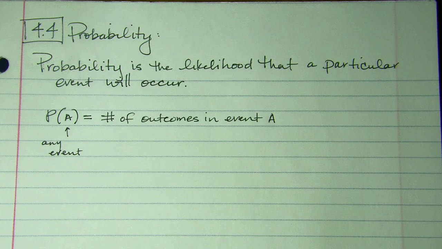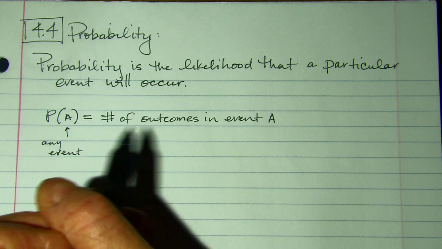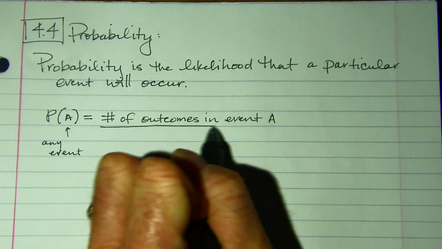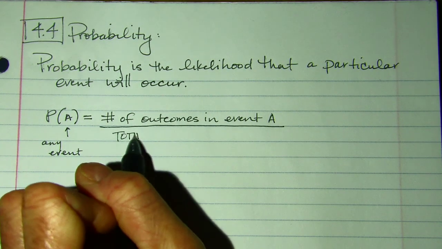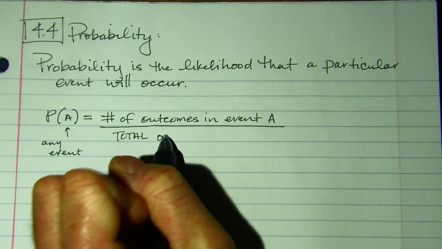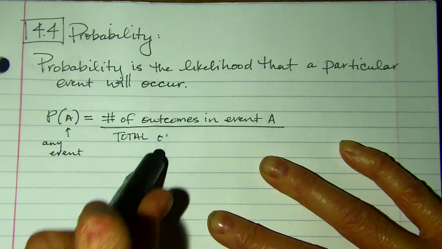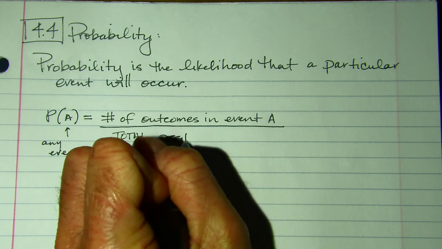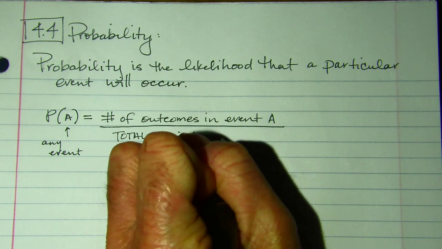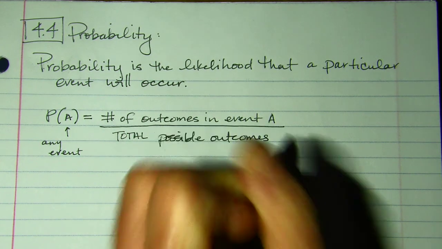So it could be, what's the probability of getting a King of Hearts? We would put how many King of Hearts in the top. The bottom number should always represent the total possible outcomes in that particular event.